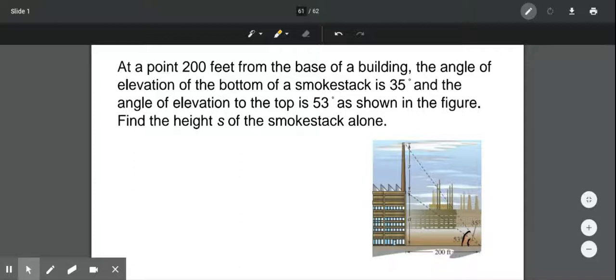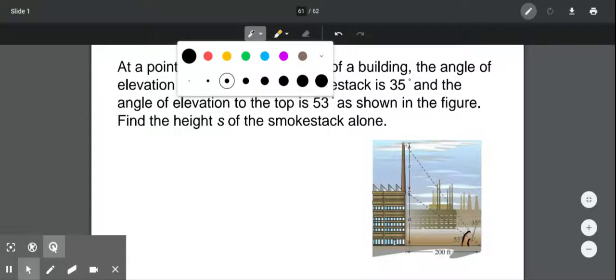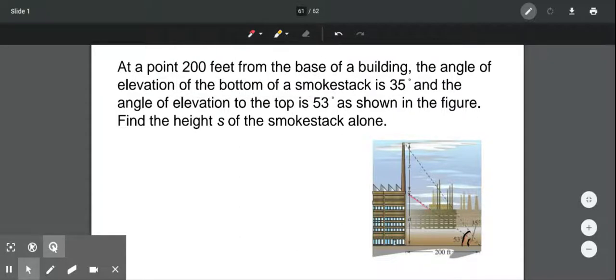And we want to find the height of the smokestack. What we're going to have to do is use the small triangle first, right? If we just use this triangle here, we can find the height of the building.